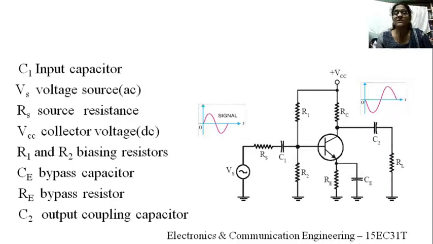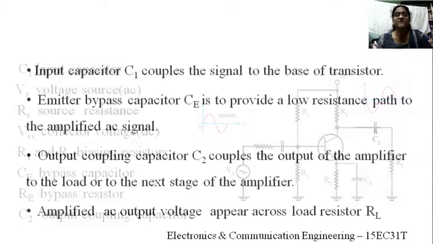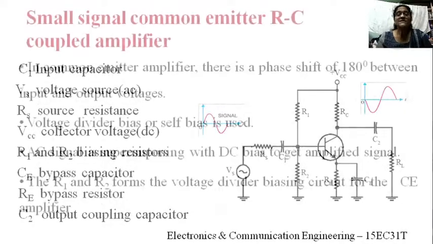So in order to get the undistorted amplified AC output signal across the load, we should use proper biasing to stabilize the operating point. Hence, for this circuit, we are using the voltage divider to keep the operating point stable for proper biasing of the transistor operation.